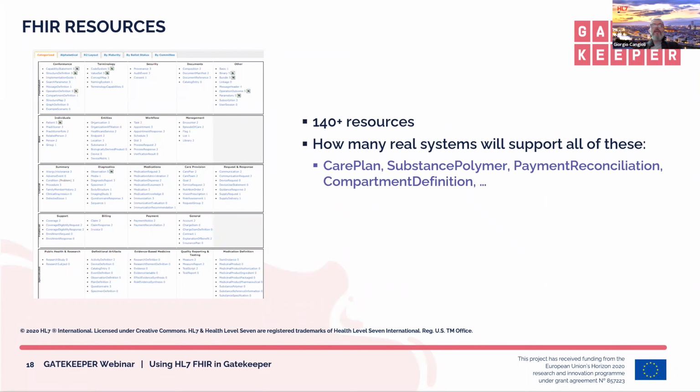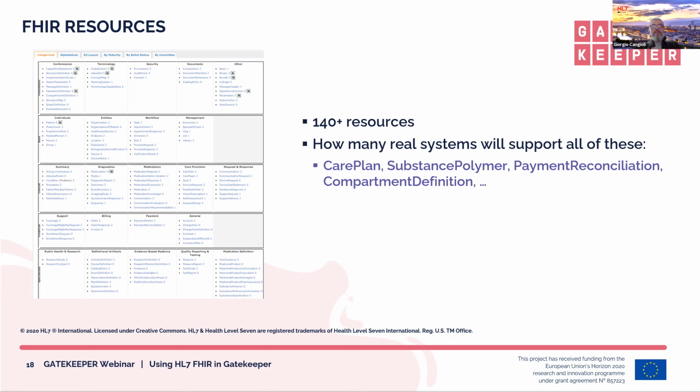I showed you that there are more than 140 resources. It doesn't mean that all the actors that would like to use FHIR need to use all of them. I tell you an example: very few use substance polymer or medication product or ingredient for the registration of medication.